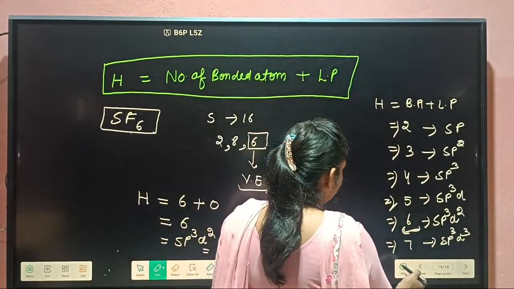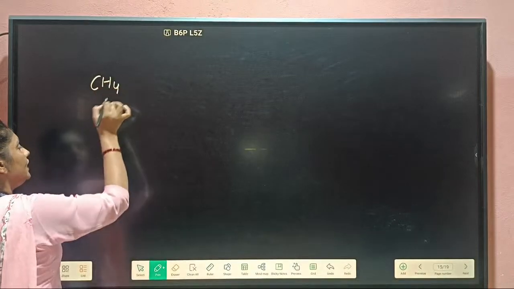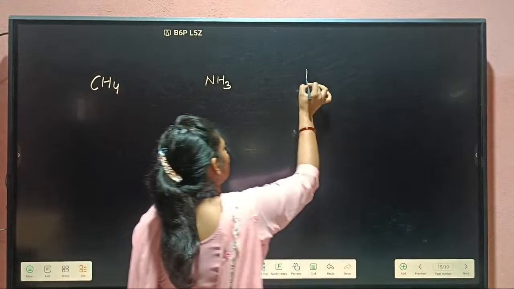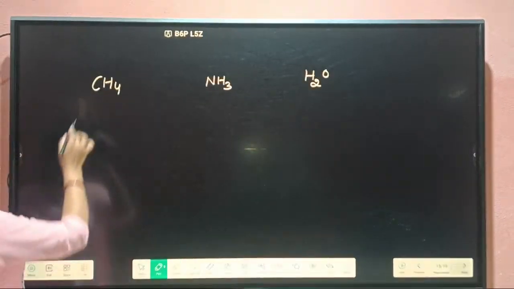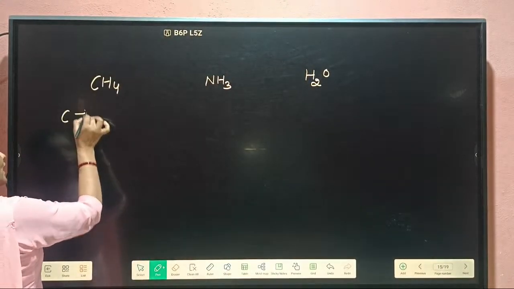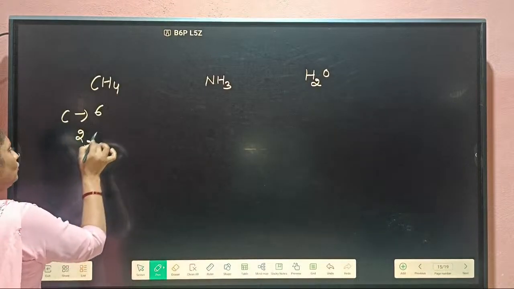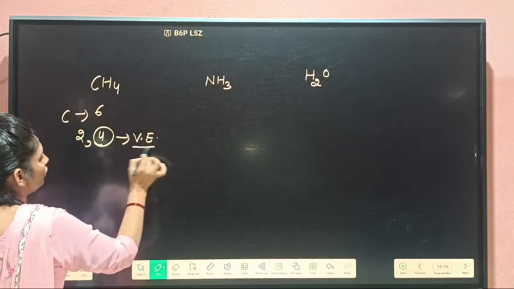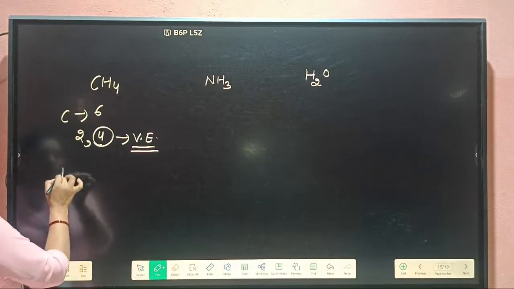Like, students, you can take one more example. If I talk about CH4, NH3 and H2O, okay, then carbon has atomic number 6, configuration 2, 4, which means valence electrons 4, so it can form a maximum of 4 bonds.